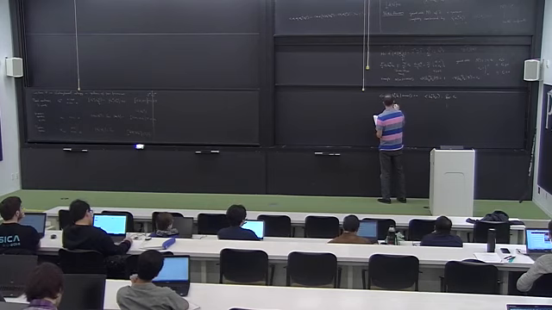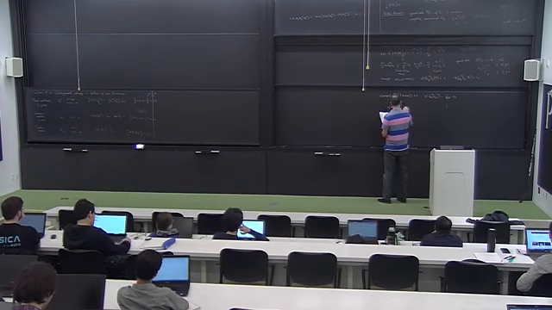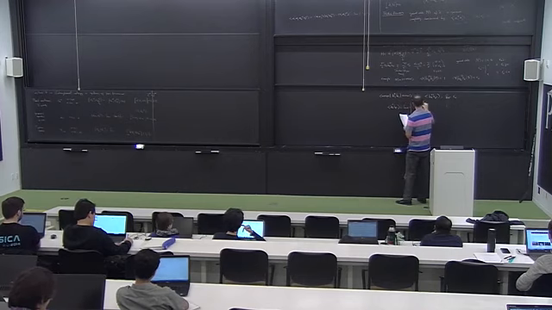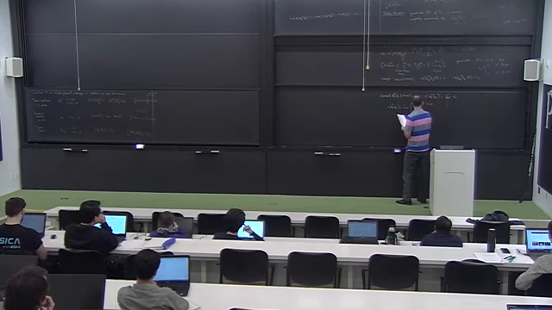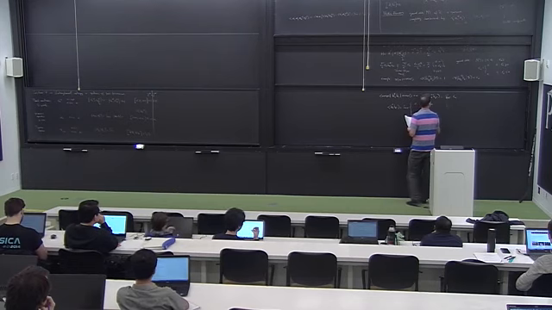We have bk dagger bk prime equal to delta k k prime times x, which was 0 if epsilon k is positive, and 1 if the energy was negative.